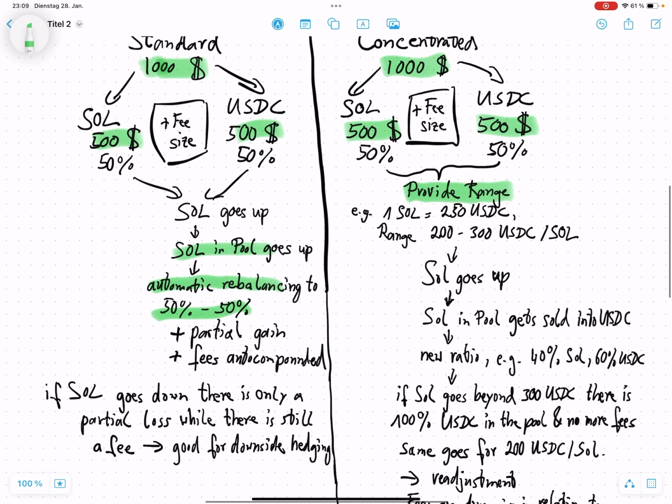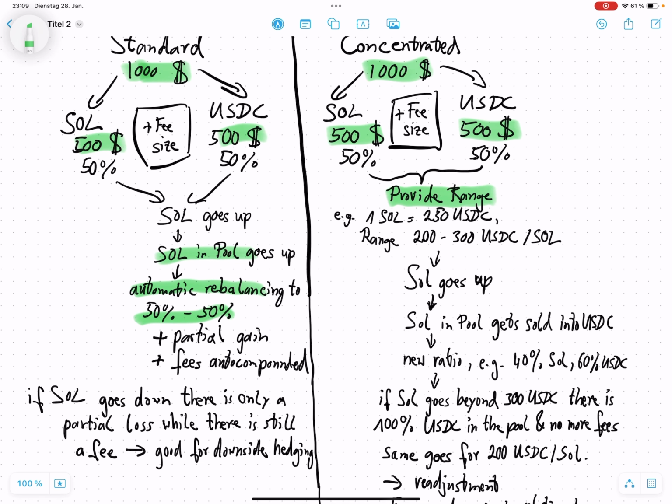So you will therefore only have a partial value appreciation, a partial gain in the pool, but on the other hand, you will also earn fees.